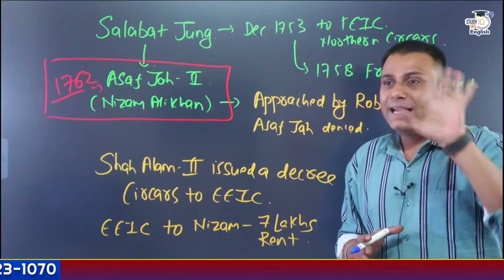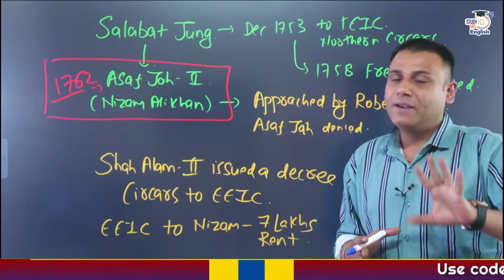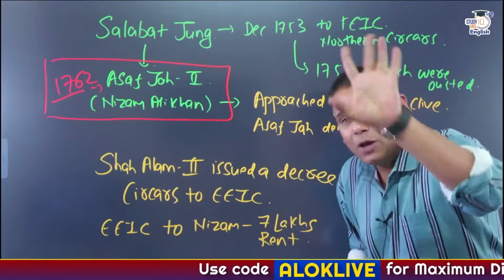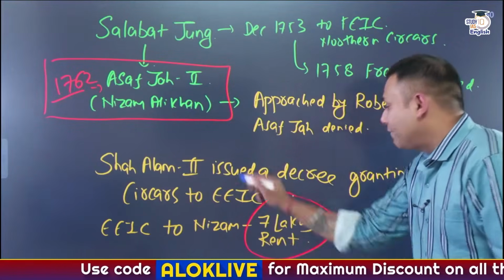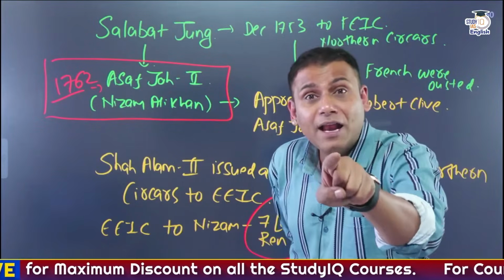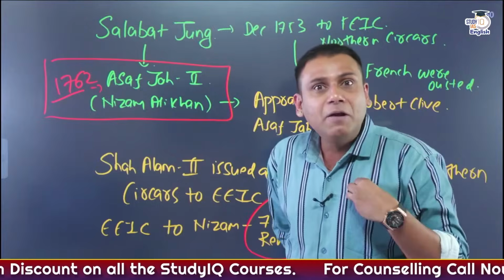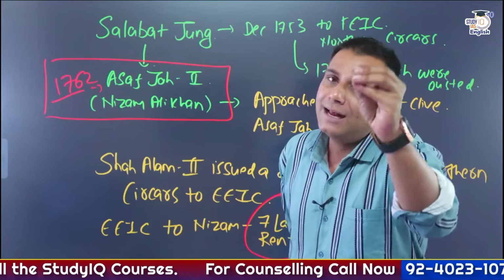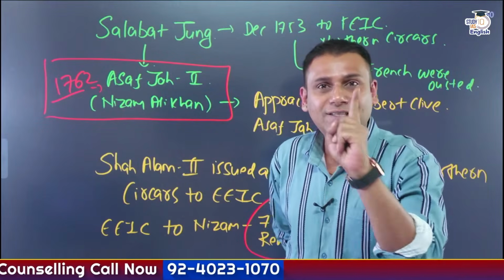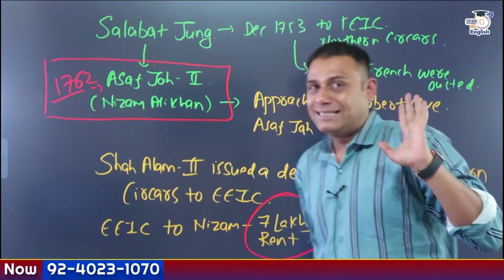So at that time what happened? The English East India Company said, yes, don't worry, we will pay you the rent, 7 lakh rupees. Plus, if any other invader attacks you, we will be providing you military aid and support. So now one alliance was created, English East India Company and Nizam.